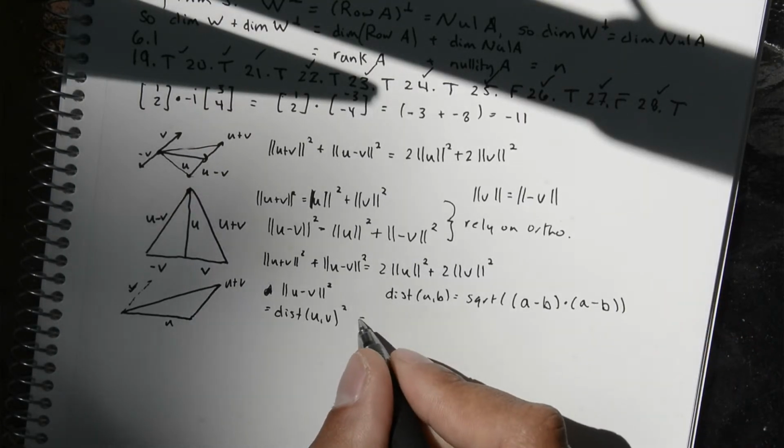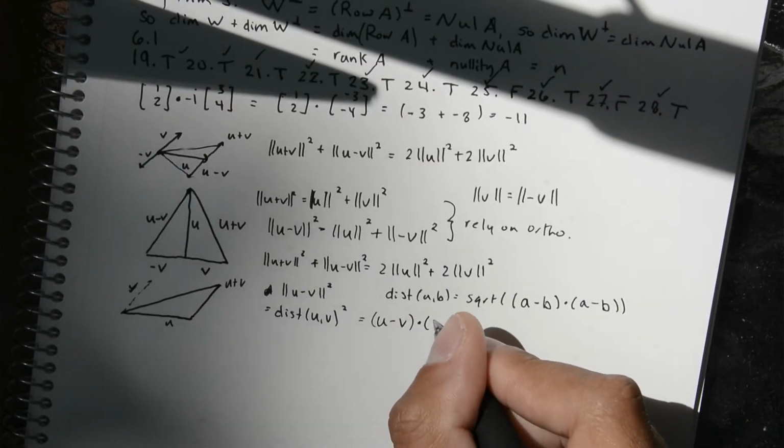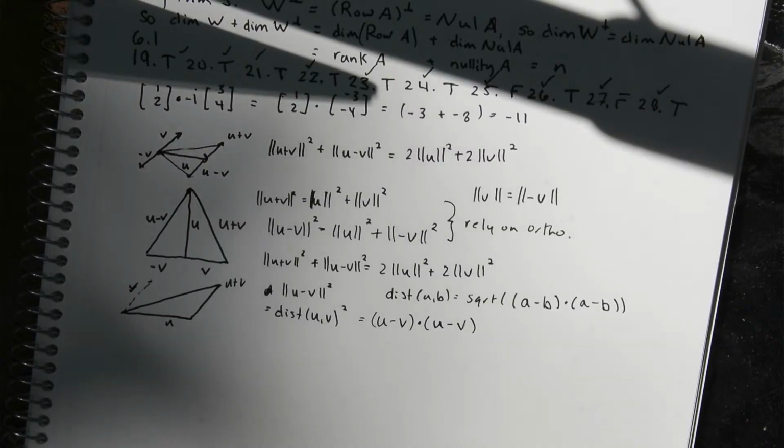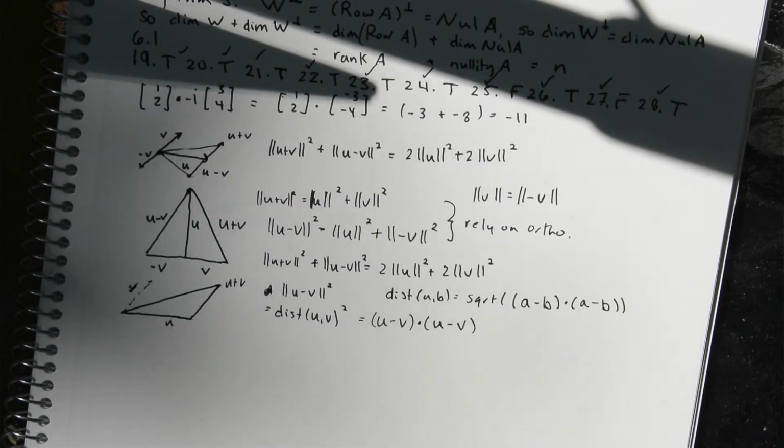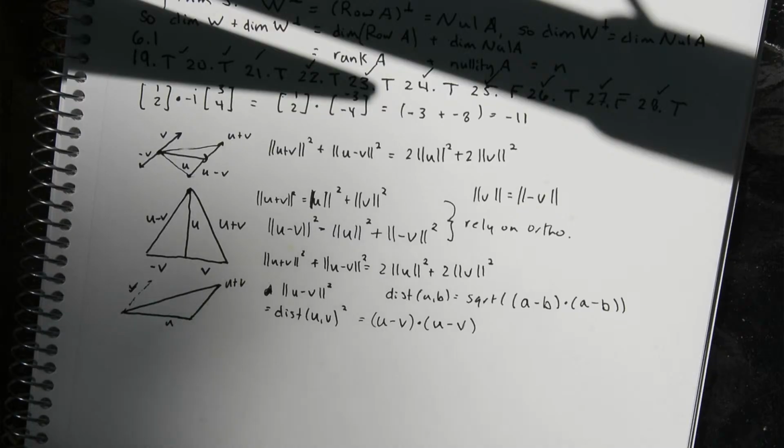Okay, so then this is going to be equal to U minus V dot U minus V. Now to expand that out, we are allowed to FOIL it, right?